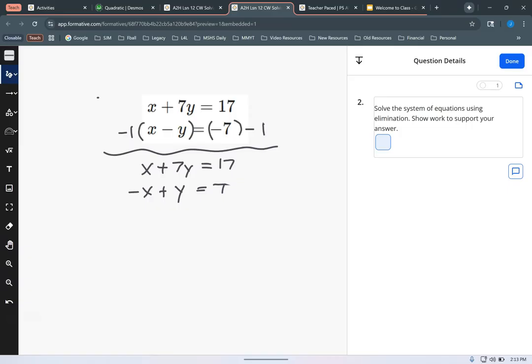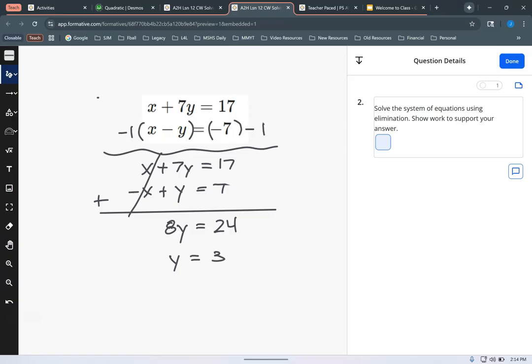Once I have that set, I can do my sum bar, because my x terms are going to cancel out here. That's going to leave me with 8y is equal to 24, and then y is equal to 3.